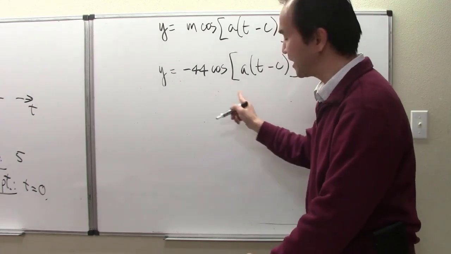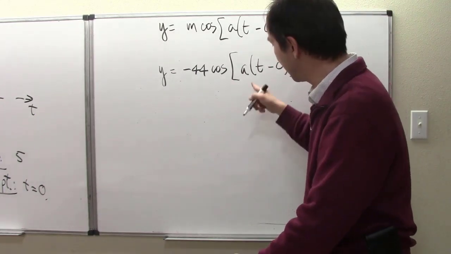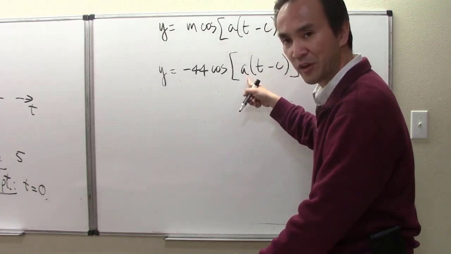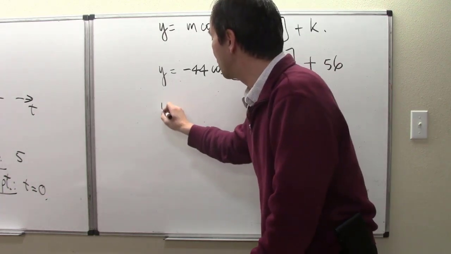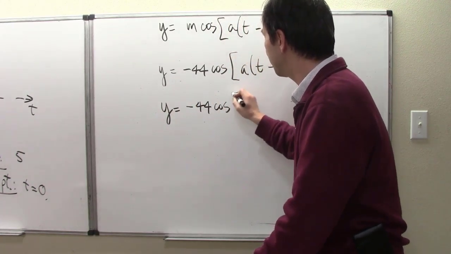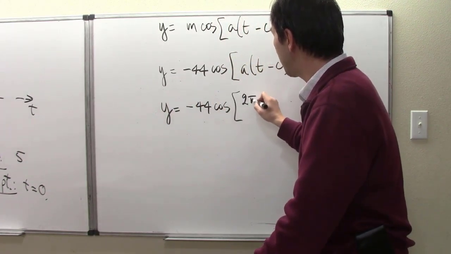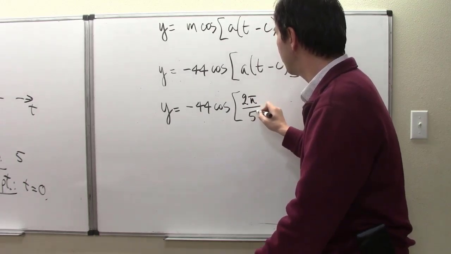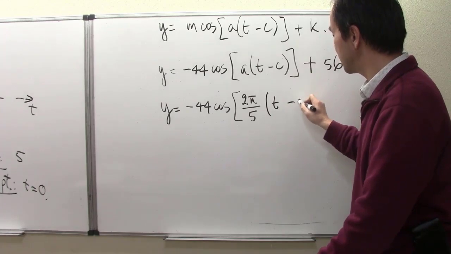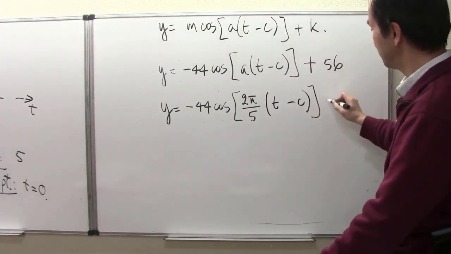Upon finding a equals 2 pi over 5, I can now substitute that value for a right here. We're looking at y equals minus 44 cosine of 2 pi over 5 times (t minus c), plus 56.